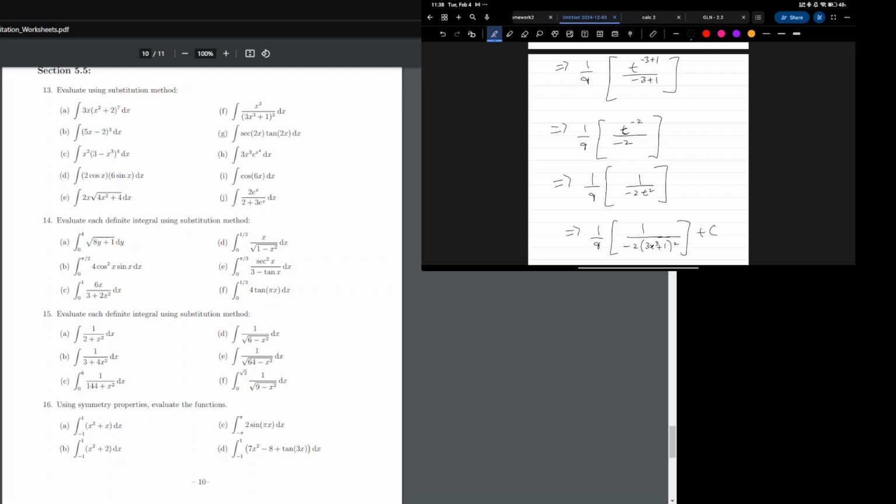Now let's see if this will open. No. Let's open this up in here. Okay. Perfect. Now I can see it.